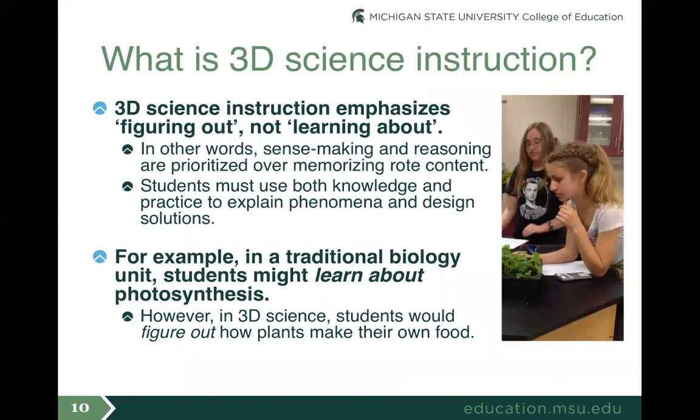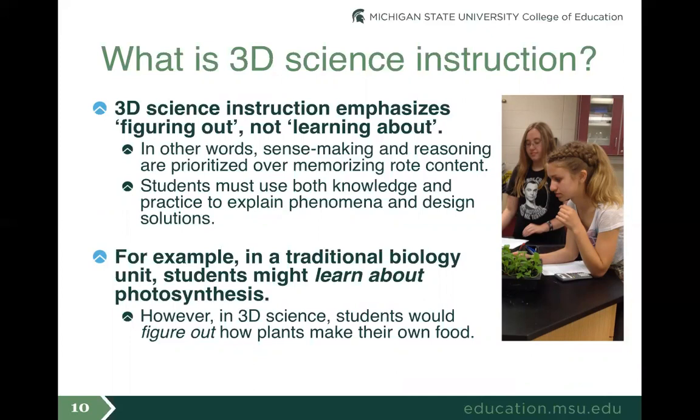So we often say that 3D science instruction is more about figuring out than learning about. In 3D science instruction, we are emphasizing sense-making and reasoning over memorizing rote content. And we want students to be able to use both knowledge and practice in order to create explanations and develop solutions. So for example, in traditional biology, students would learn about photosynthesis.